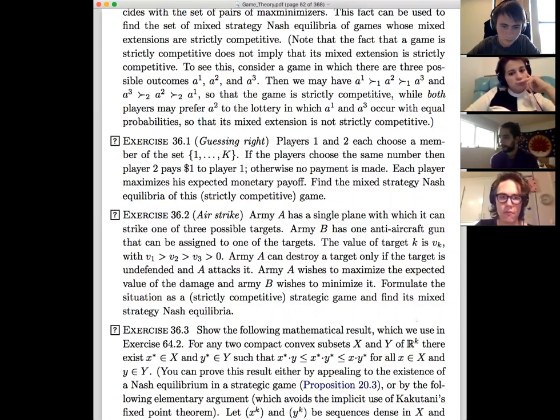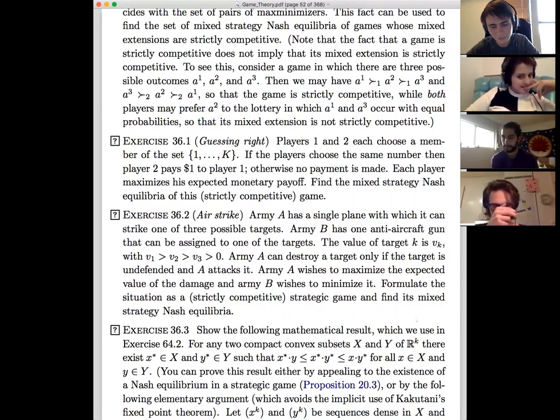Army A can destroy a target only if the target is undefended and A attacks it. Army A wishes to maximize the expected value of the damage, and Army B wishes to minimize it. Formulate the situation as a strictly competitive strategic game and find its mixed strategy Nash equilibria.